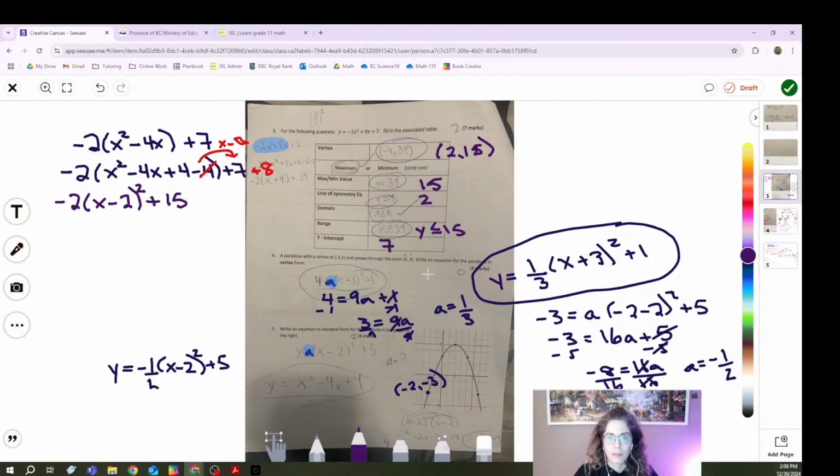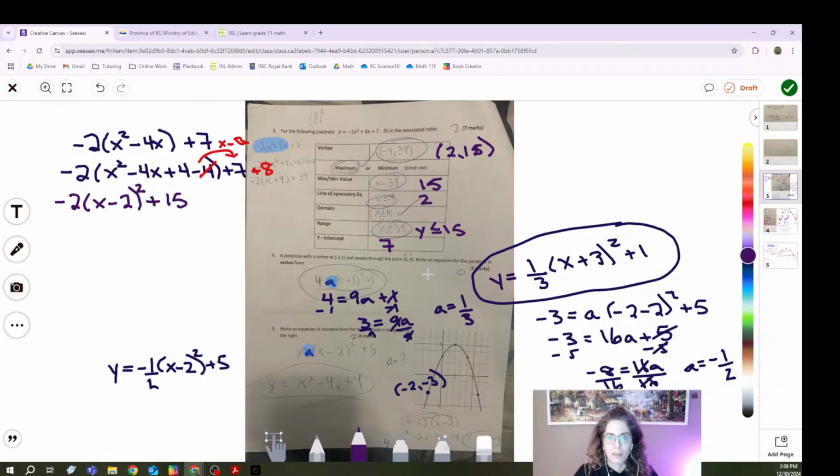There you go. Well, you can't go wrong with domain and a parabola because it's always all real numbers. So you got 2 marks for the maximum and the domain. Unfortunately, if you had gotten the vertex right, then yeah, you would have probably had a full mark. So to lose 5 marks based on you made the same mistake on the first one, so don't do this again. Remind yourselves you're only factoring those first 2 terms out. So don't leave that one out.